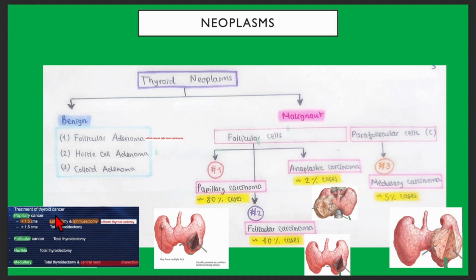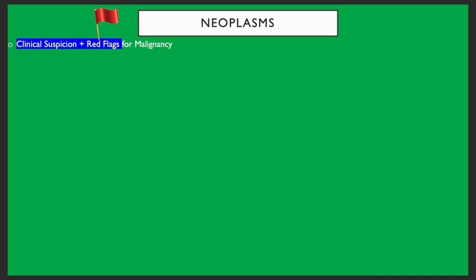So the surgeon will decide, together with the oncologist, which surgery to do or which treatment to follow. So as internal medicine doctors, we just need to diagnose them properly and send them off to the oncology and surgeons. So that's why we will not go into so much detail of the neoplasms.